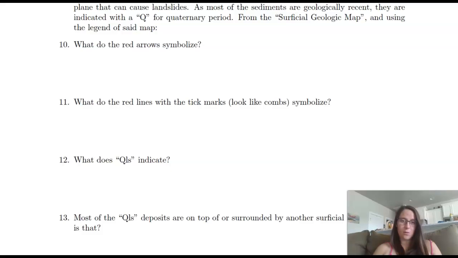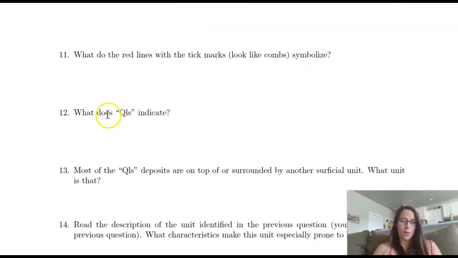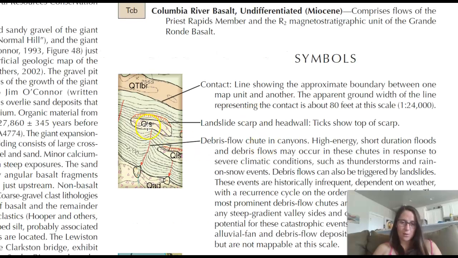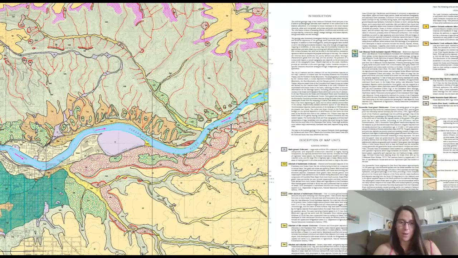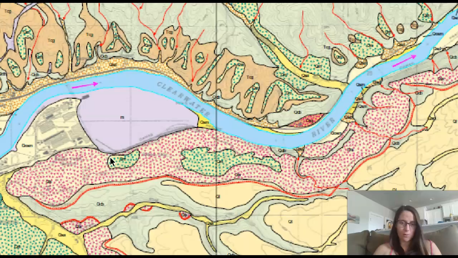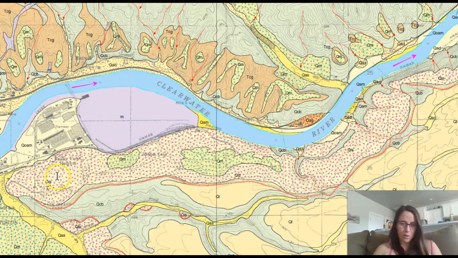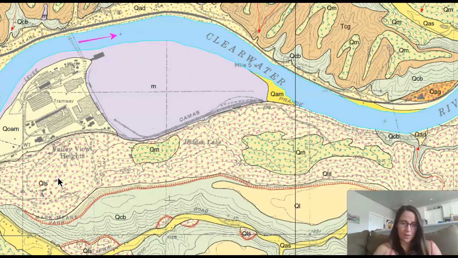Excellent. So now, what does QLS indicate? So when they mean QLS in this case, they mean one of these symbols, if you would, for the different geologic formations that make up the map. So first you got to look at the map and find a QLS. So the QLS lies in this kind of tan color with red triangles.